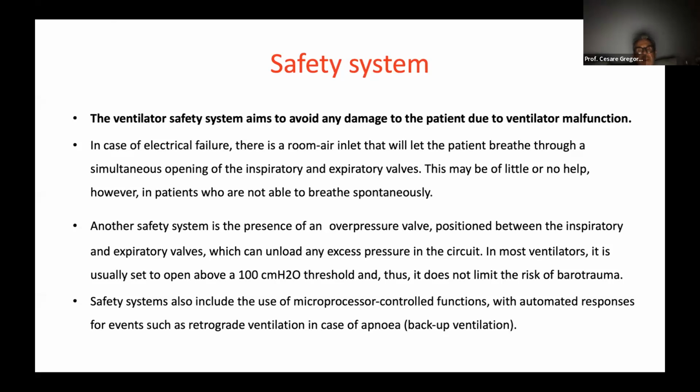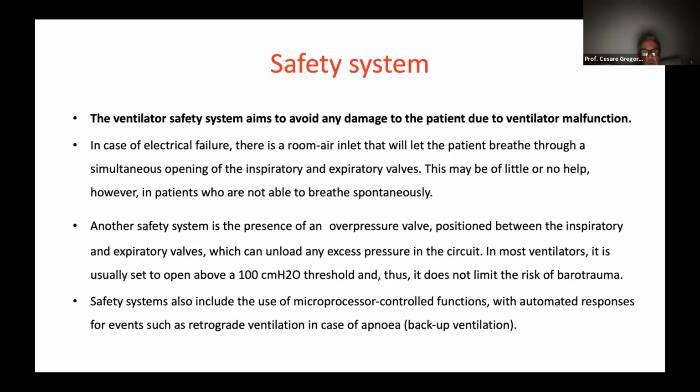Unfortunately, this is true for still active patients, but this may be of little help or no help in patients that are completely passive. Another safety system is the presence of a pressure valve, but you know this overpressure valve is sometimes calibrated to 100 centimeters of water, which does not limit the risk of barotrauma.